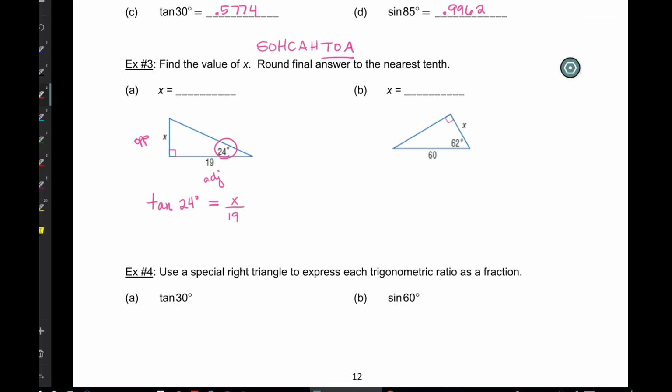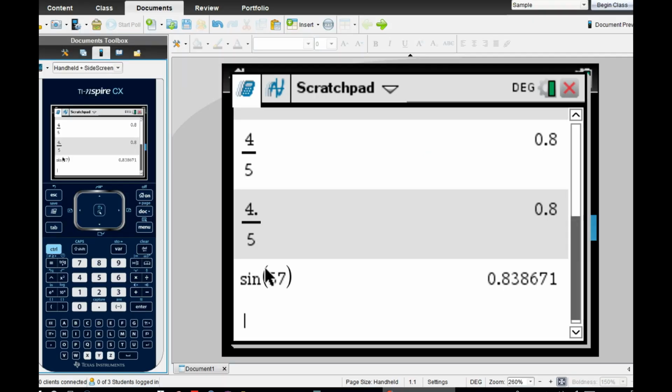Now I want to solve this equation for x. Well, think about how would I isolate x? I would multiply both sides by 19. And then we'll get x equals 19 times tangent of 24.